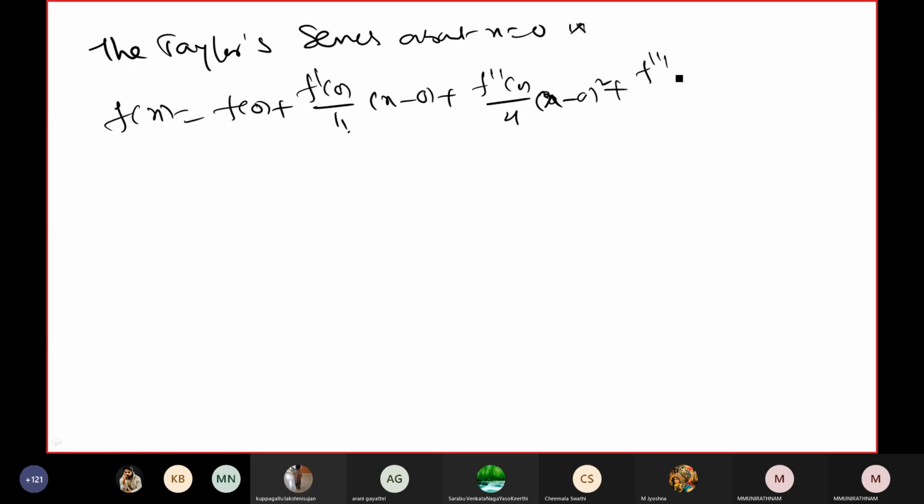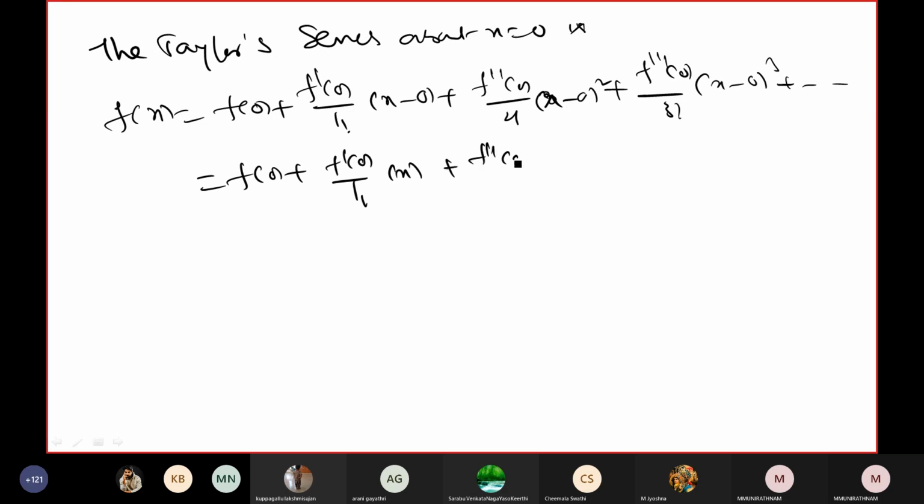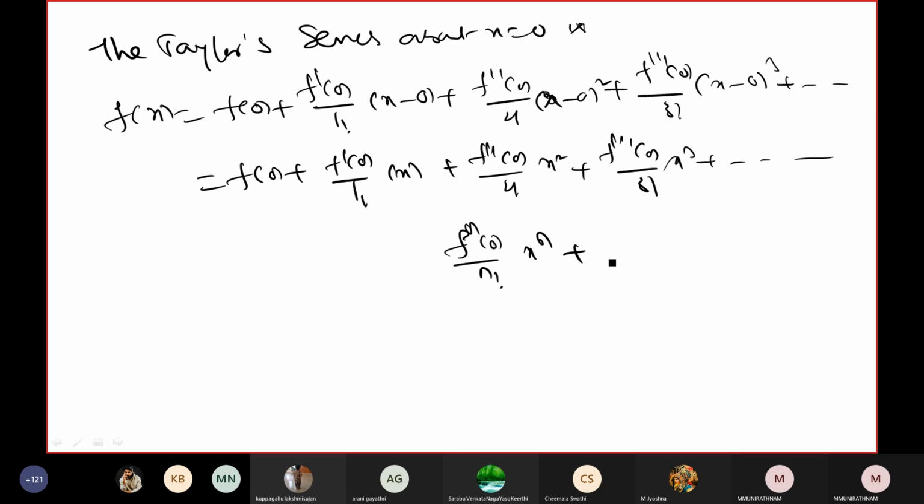Plus f triple dash of 0 by 3 factorial into x minus 0 whole cube plus and so on. Which is nothing but f of 0 plus f dash of 0 by 1 factorial into x plus f double dash of 0 by 2 factorial into x square plus f triple dash of 0 by 3 factorial into x cube plus and so on. Similarly, the nth term will be f power n of 0 by n factorial into x power n plus and so on.